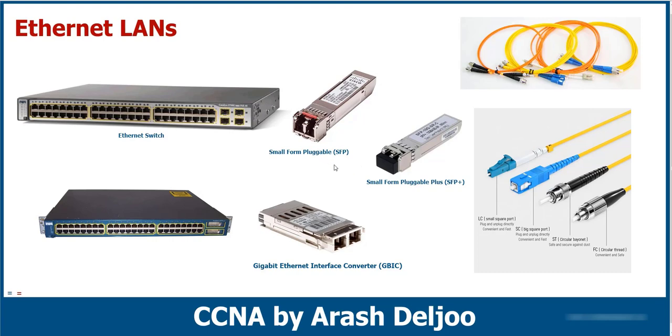Or when we are using short wavelength, we can buy the converter for short wavelength, and because of that we can connect different media types to our switch only by selecting the suitable SFP or SFP plus model, and after that we can use the switch.